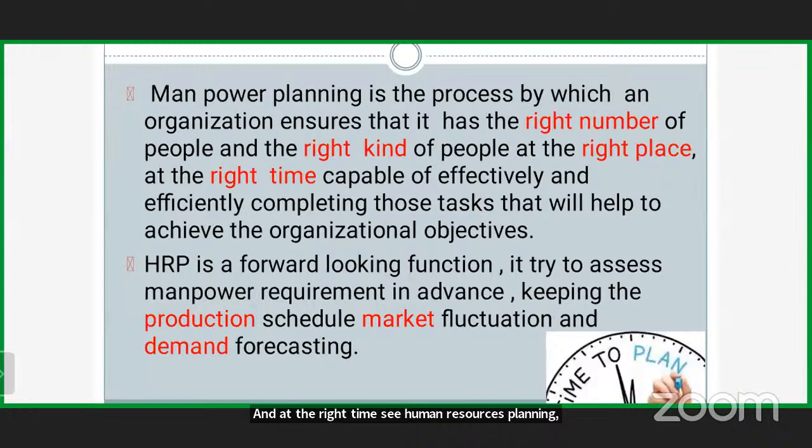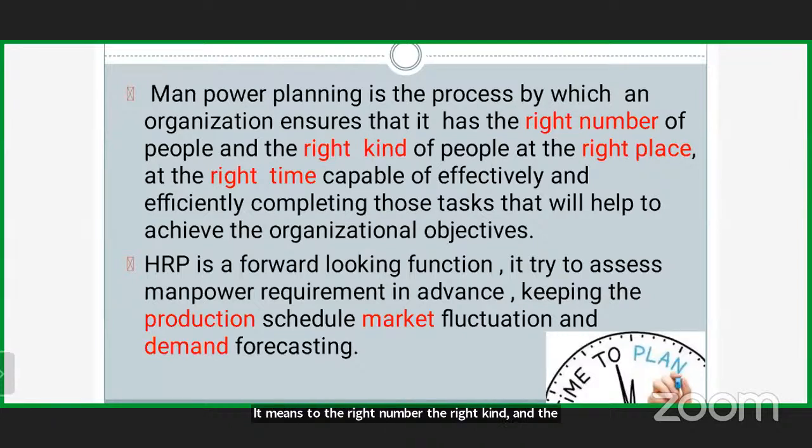Human resource planning means we can plan for the human being. It means how many people are working presently in the organization, and how many people we need for the future. We can analyze this through human resource planning, based on these four factors: the right number, the right kind, the right place, and the right time.